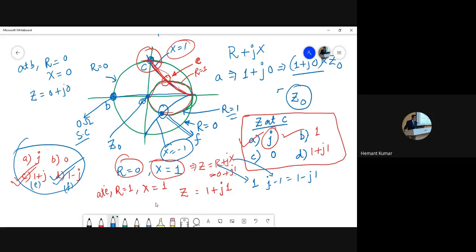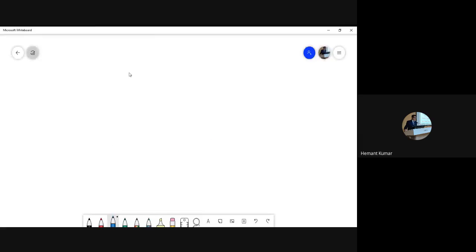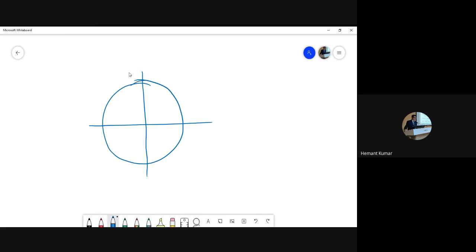This is for E point. So I will ask you another question. Suppose these are the constant R circles, and constant X circles are given like this, right?